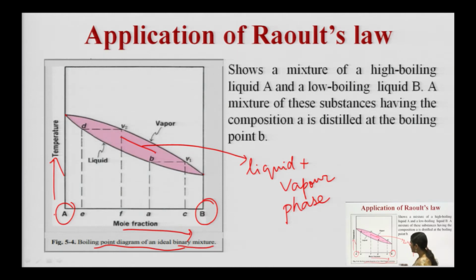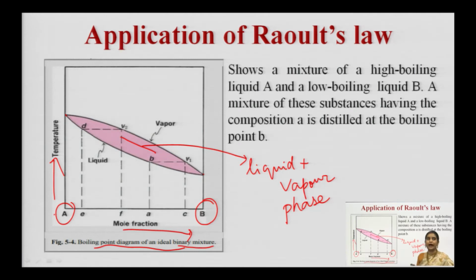To plot this curve, we have taken different mixtures with different compositions of A and B, and they are heated or boiled, and then their graphs have been plotted.